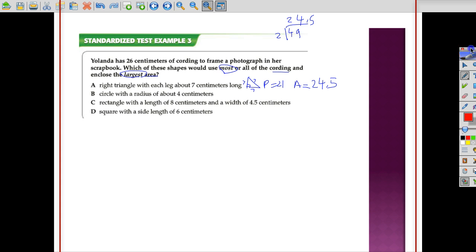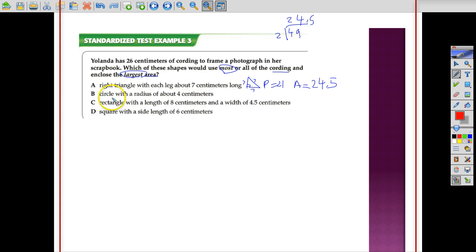For B, a circle with a radius of 4 centimeters. Perimeter is 2 pi r, and area will be pi r squared.